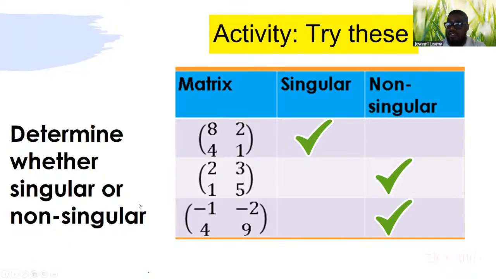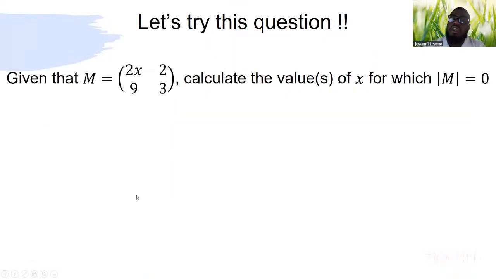All right. So let's go. Now, you won't necessarily always see a lot of numbers. You might see a little expression. You might see algebra being used, so don't get too comfortable with just numbers. You might see unknowns or variables being used. So we want to calculate the value or values of x for which the determinant is 0.